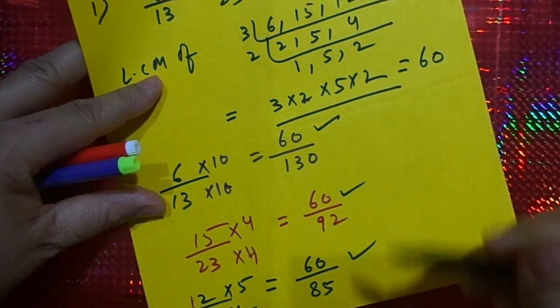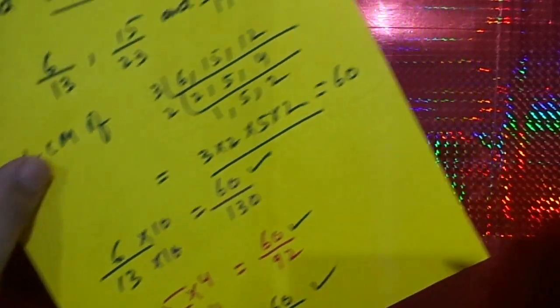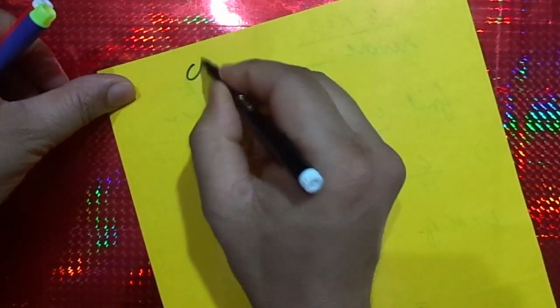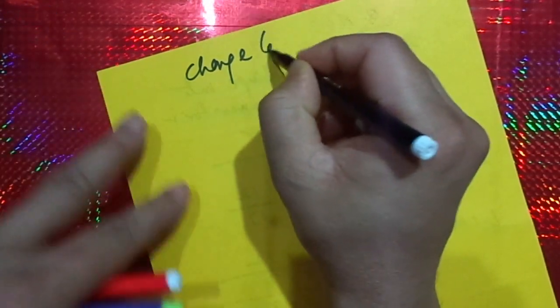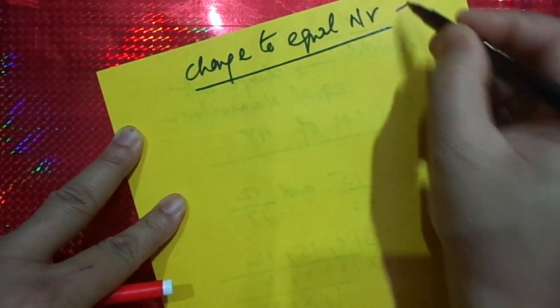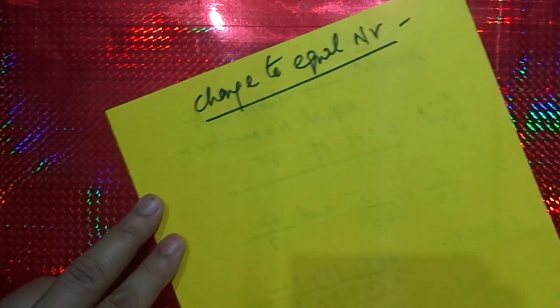Okay, let us pick up one more number, a bigger number, okay, so that it easily gets into your head. We are doing the same thing, that is change to equal numerators. So there is nothing different over here.